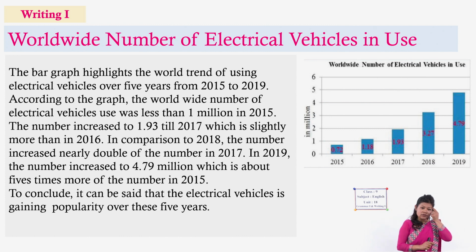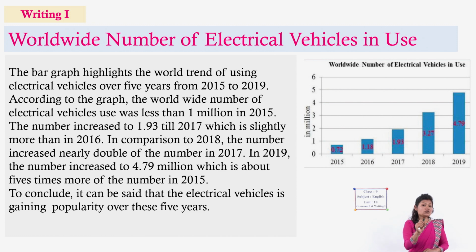According to the graph, the worldwide number of electrical vehicles used was less than 1 million in 2015. So look at the first bar below 1 million, yes, 0.72. So the same thing is written here. The number increased to 1.93 till 2017, which is slightly more than in 2016. So slightly more. In this way you can make comparison.